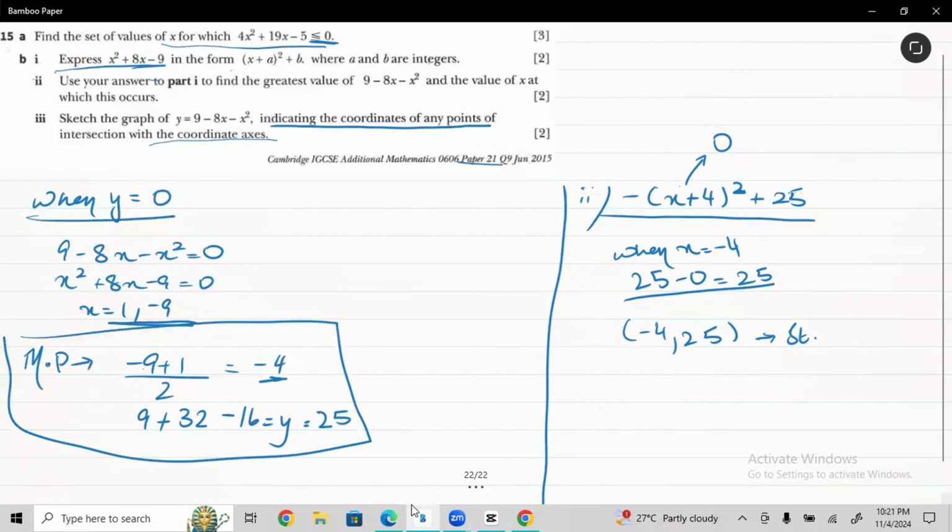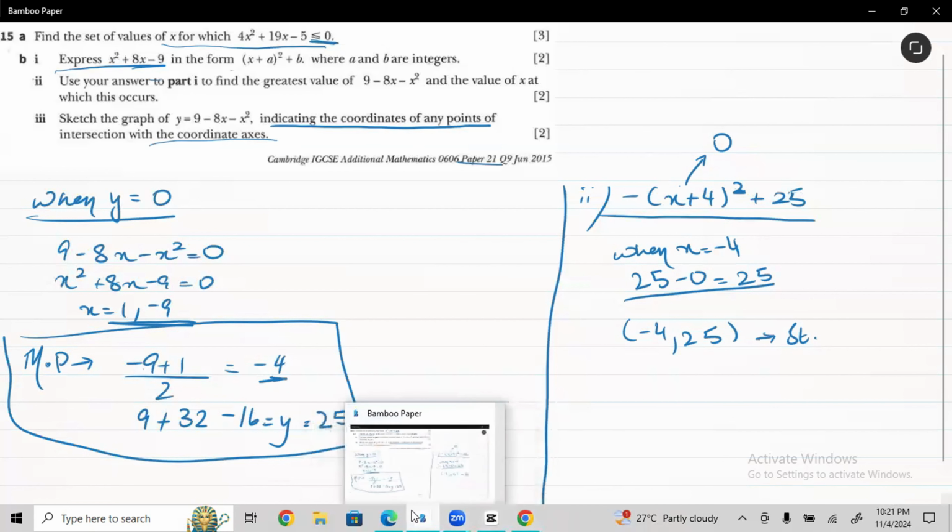Basically, what I needed was the two coordinates where the curve intersects the x-axis, where y is equal to 0: x equals 1 and negative 9.